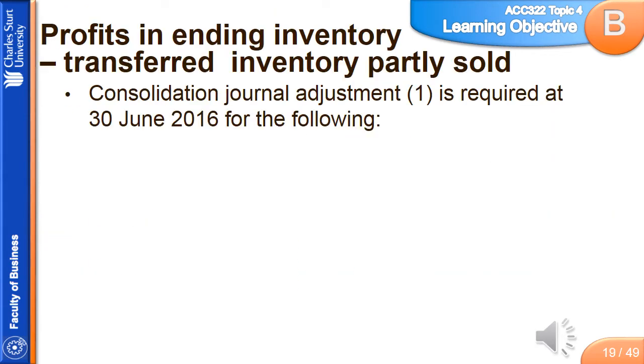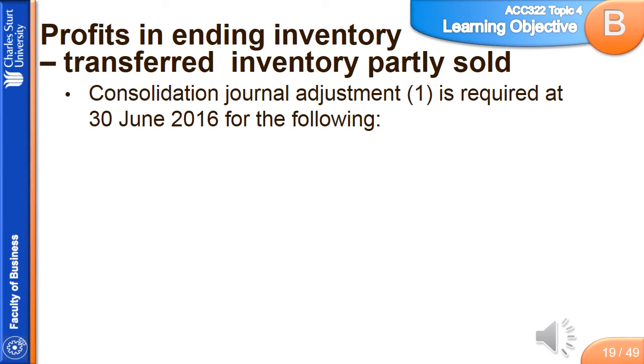In the example we just looked at, none of the inventory that was sold from the subsidiary to the parent was subsequently sold external to the group. However, quite often at least a partial amount of that inventory is sold, and when that occurs your entries will change slightly, because we're only needing to eliminate the amount that's still on hand at the end of the reporting period.